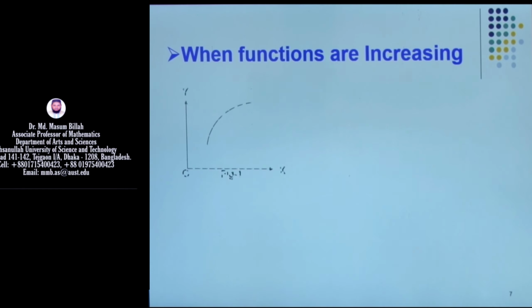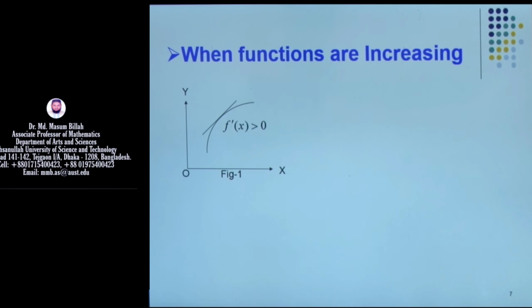Okay, so now we will discuss when a function is increasing. You see, if we consider a function, a curve, f(x), and if we draw a tangent at any point in this graph, the slope will always be positive, because this tangent makes an angle with the x-axis between 0 and 90 degrees.